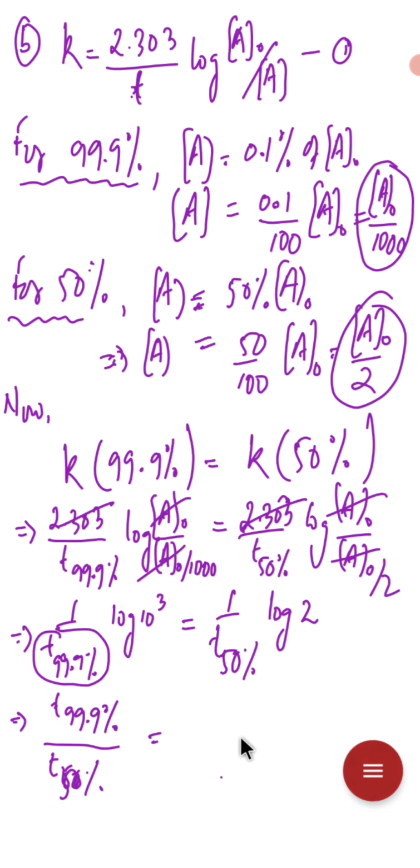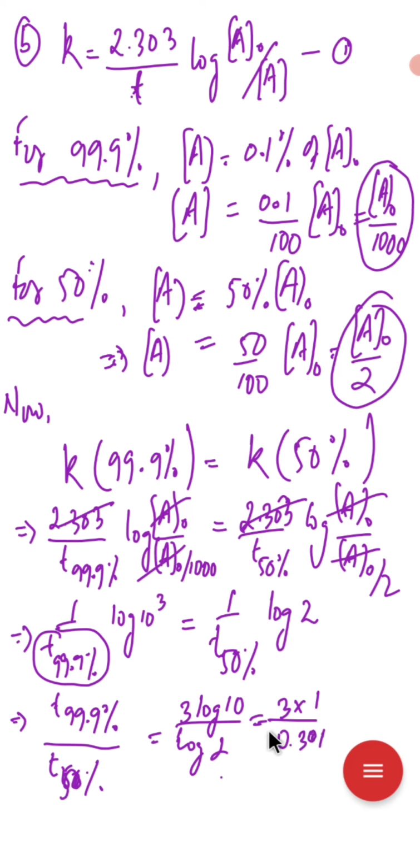Okay, now here I bring this t 99.9% here, so I need to bring this log 2 below log 10 to the power 3, right? This is 3 log 10 divided by log 2, like this, right? So this 3 into log 10 value is 1 and log 2 value is 0.301, right?